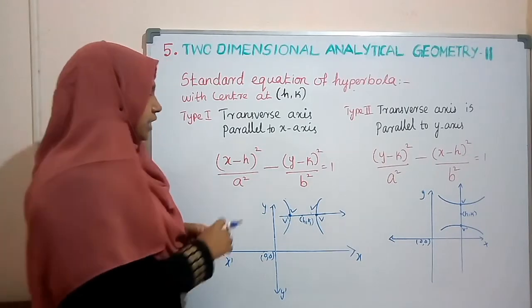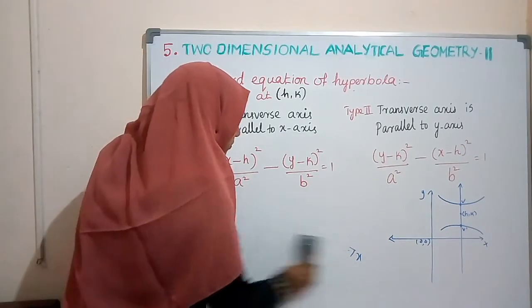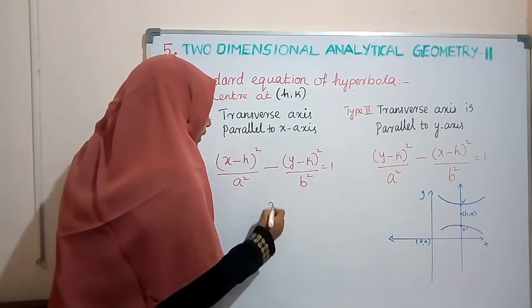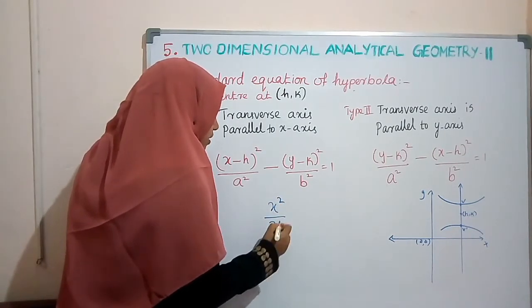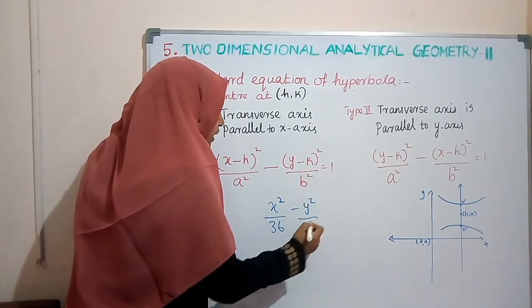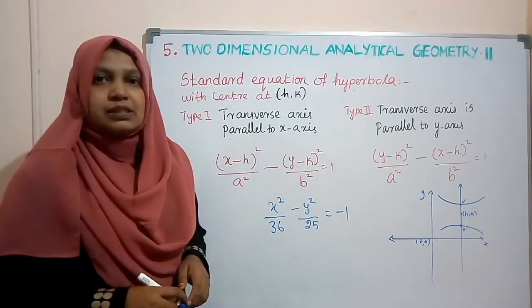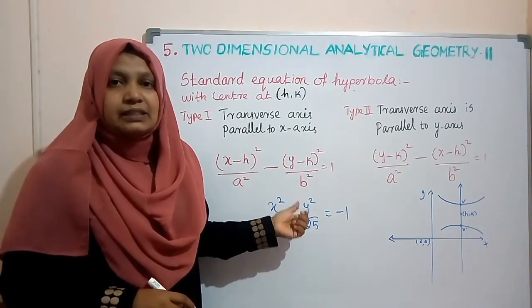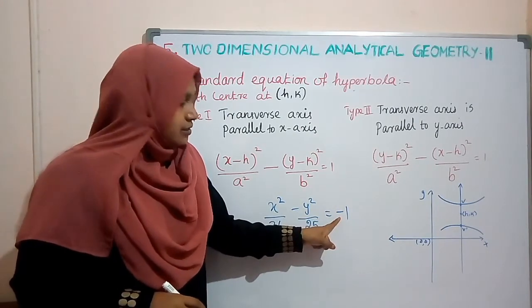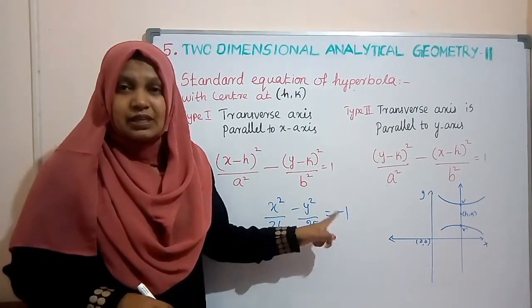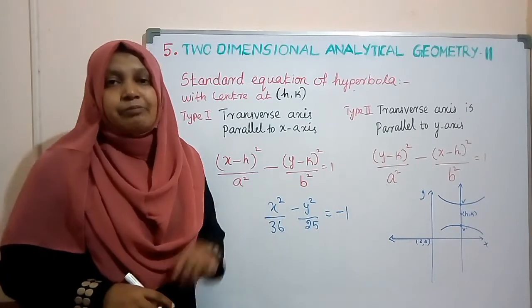For example, if they give one equation, x square by 36 minus y square by 25 is equal to minus 1, here we can't decide type 1 or type 2.